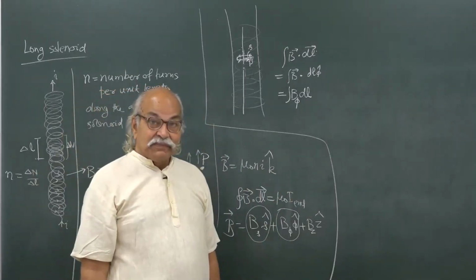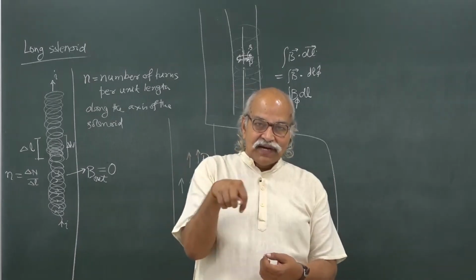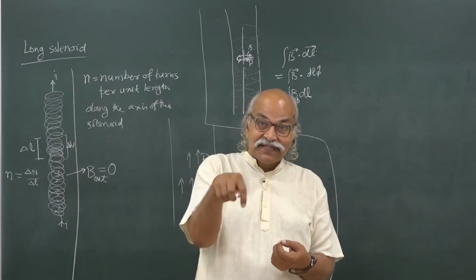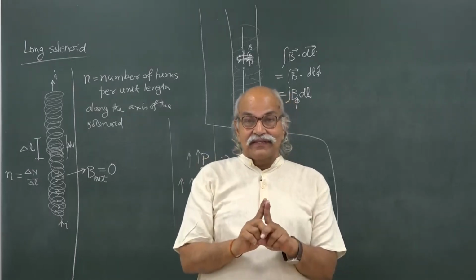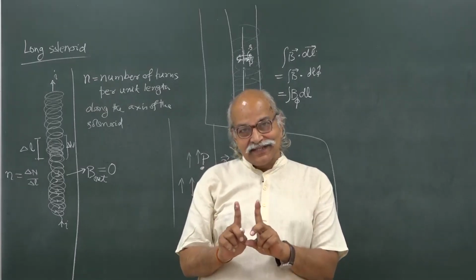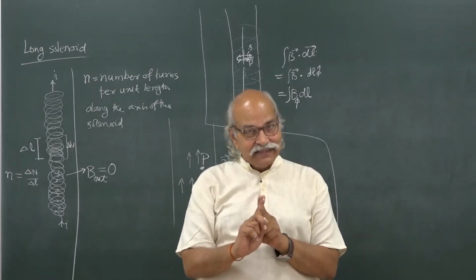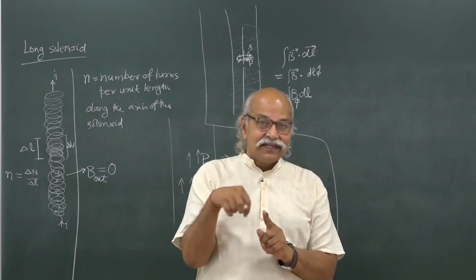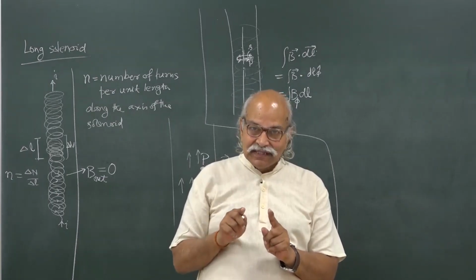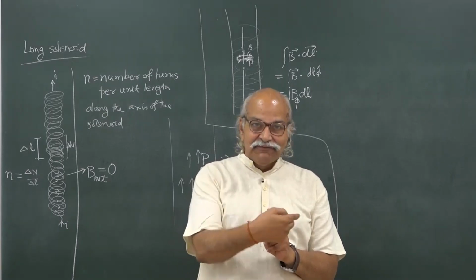Now, symmetry. You have a solenoid, you have current at the surface, the turns are at the surface, and at some distance s you have taken a point, say in this direction. You can take the same distance s in that direction, and in this direction, and that is how you have made a circle. So if there is a phi component here, there has to be the same phi component here and here.